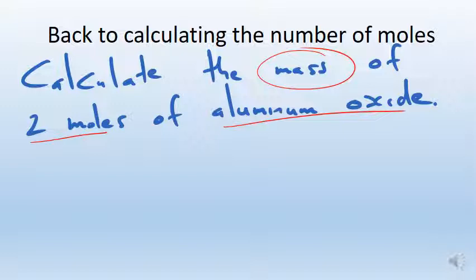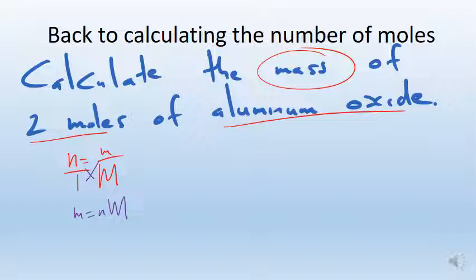So we want the mass, okay? We want the mass. We've got moles. So the only formula that's linking mass with moles for now is number of moles is mass over the molar mass. So if I want the mass, as I mentioned before, we cross multiply. M times 1 is M, N times molar mass.